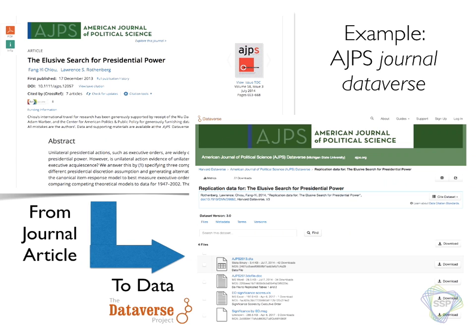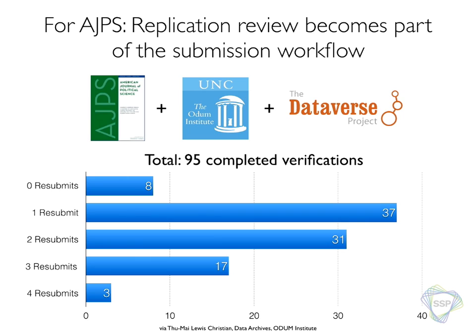The journal Dataverse can be customized as your journal, so it looks as if it's part of the journal. And there you can find all the data, and in this case even the code associated with that article. And you have the citation, as I said, back and forth: from the article to the data, and from the data to the article. This is an important characteristic of connecting articles in journals with data sets in public repositories.